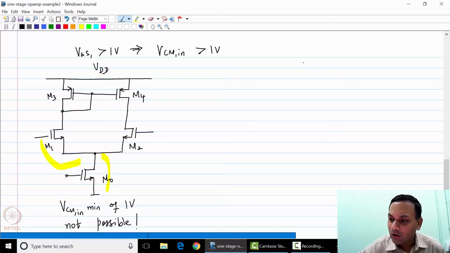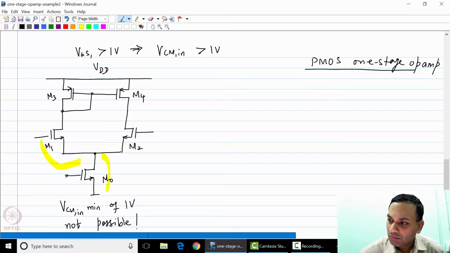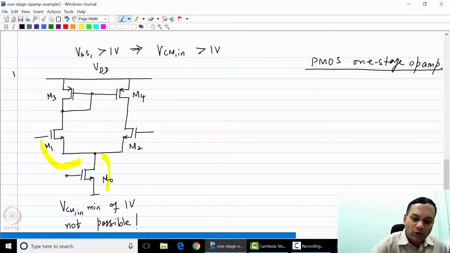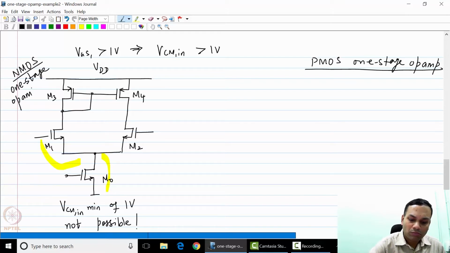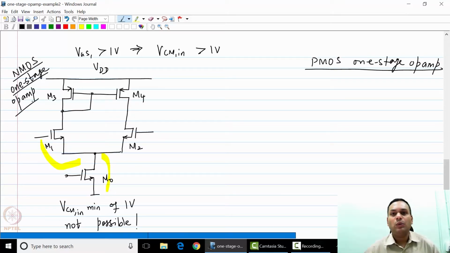So let us now look at the PMOS one stage op amp. So far we have been looking at the NMOS one stage op amp. Clearly that will not work in this particular design example. So let us build the PMOS one stage op amp.